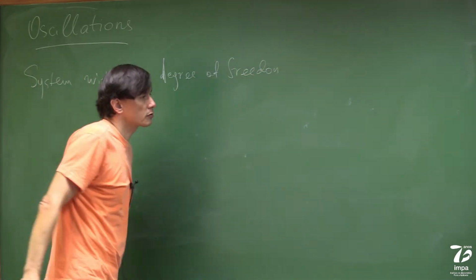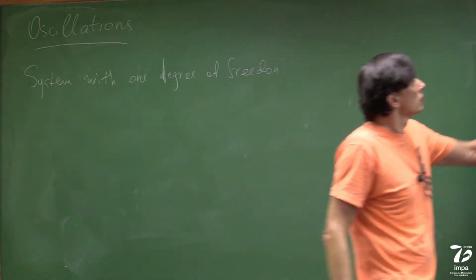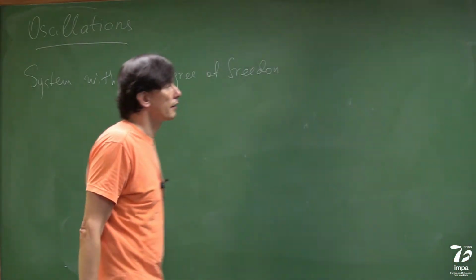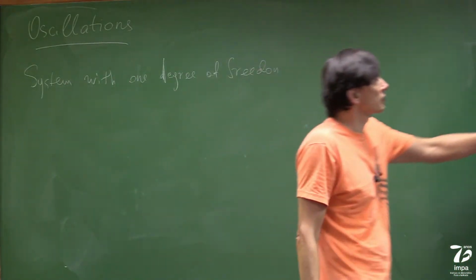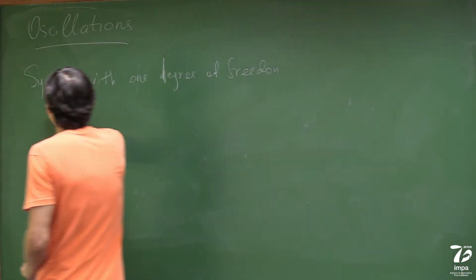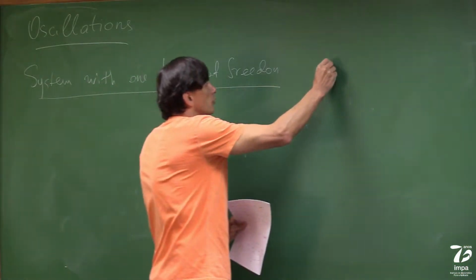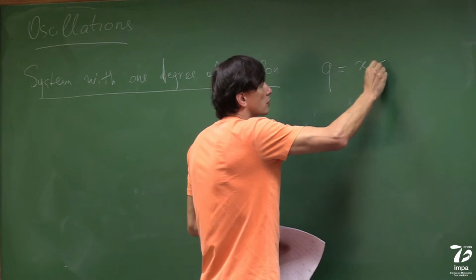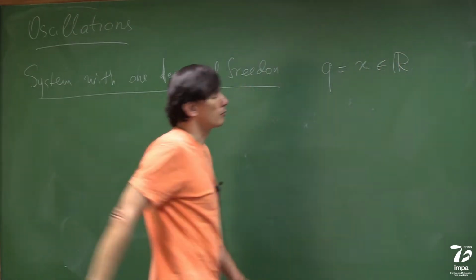The vector q has n components, so they are called degrees of freedom. In general, vector q is n-dimensional, so we have n degrees of freedom. Now we will consider this situation with 1 degree of freedom. So the vector q, which we'll just consider as a coordinate on a line, is a real number.